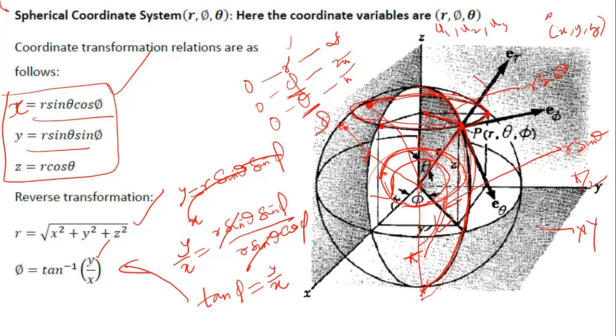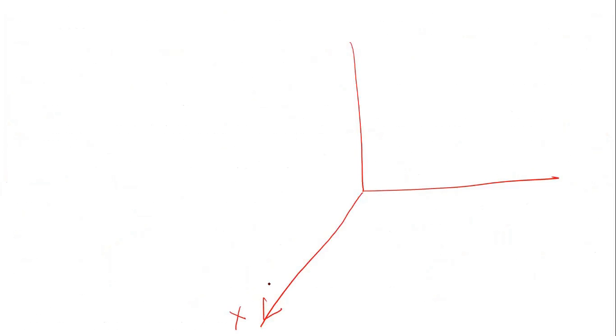Now let me write a certain picture here. I think this will help if I write a picture here. Let's say you fix the value of r equal to c1.